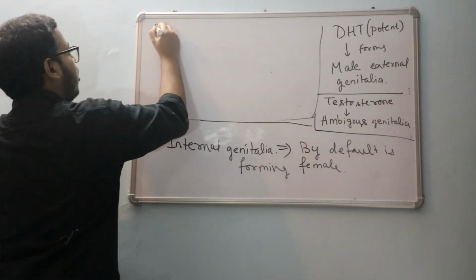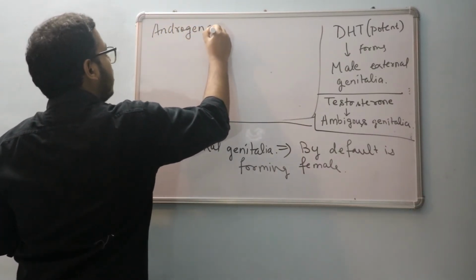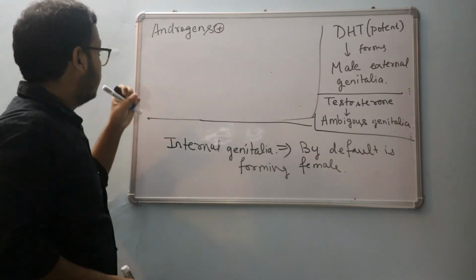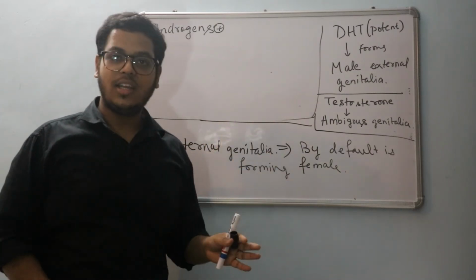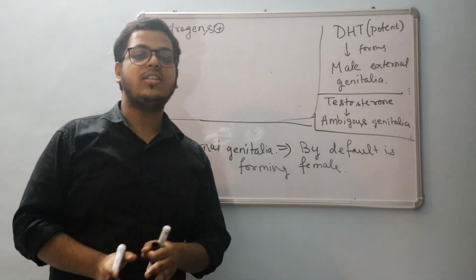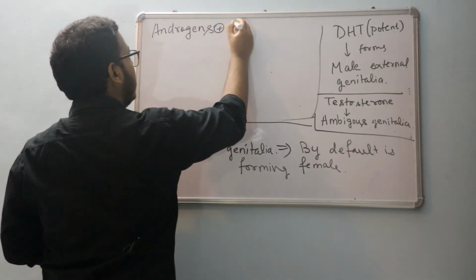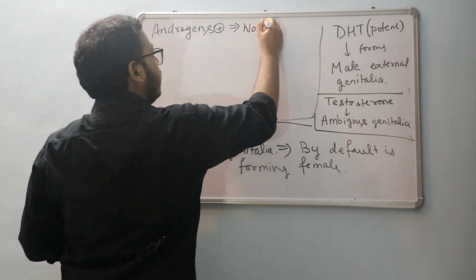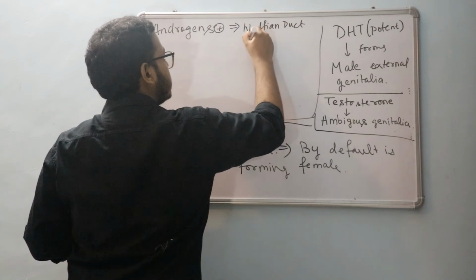So androgens absent, any androgen, because the Wolffian duct is not so possessive about DHT. Even if testosterone is present, it will form the structures of the male internal genitalia. So if androgens are present, the Wolffian duct develops.